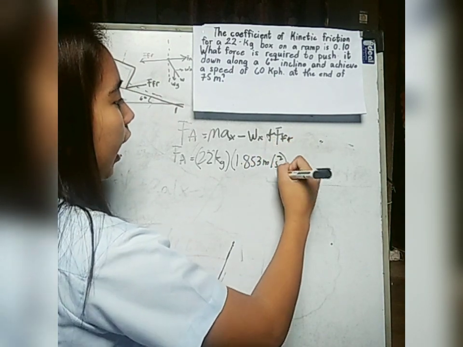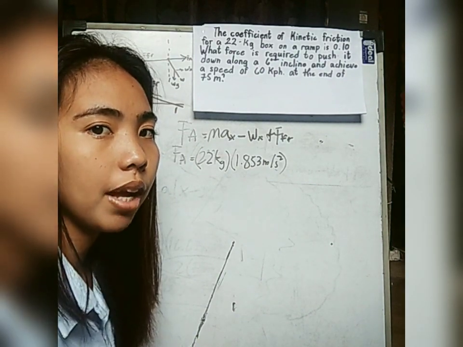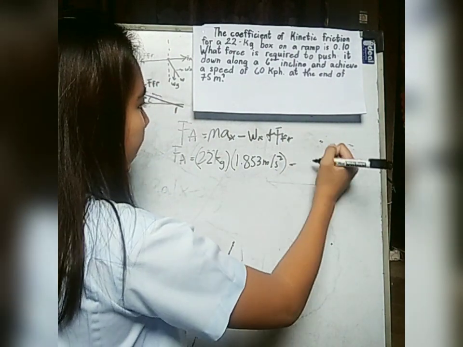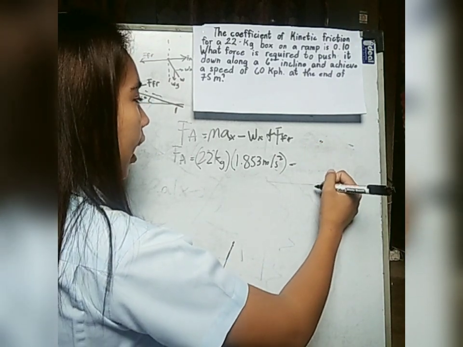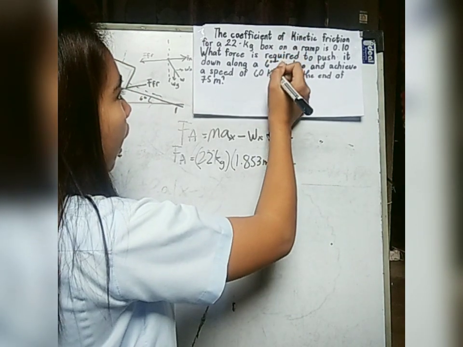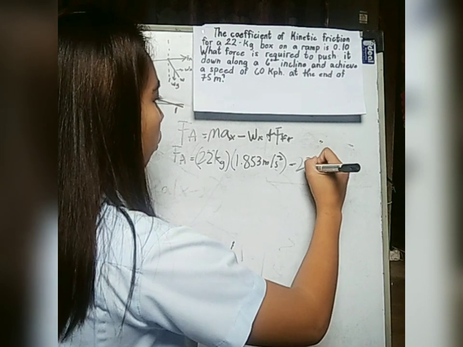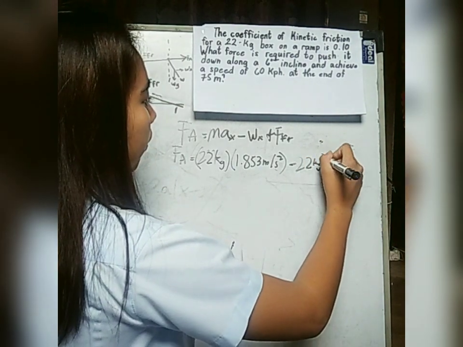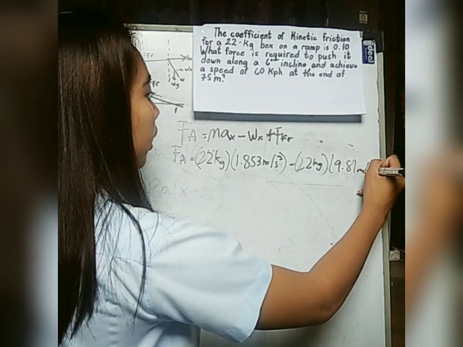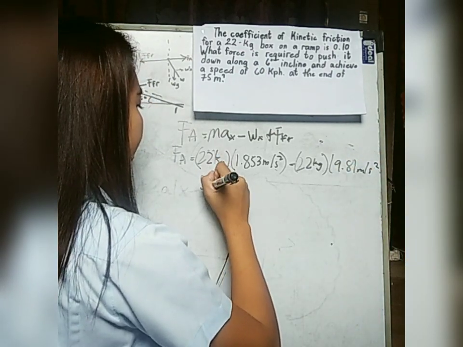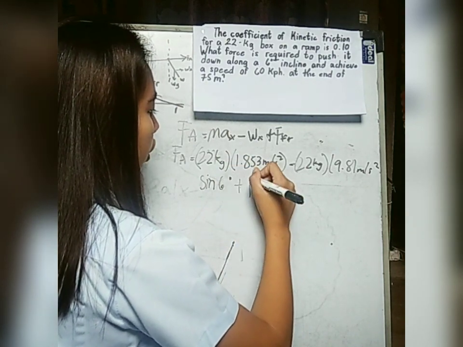Yung nakuha natin kanina sa acceleration by formula of kinematics. Minus, weight natin is equals to mass multiplied by gravity sine 6 degrees kasi naka-incline siya. So, mass natin is 22 kilogram multiplied by 9.81 meter per second squared sine 6 degrees plus friction.